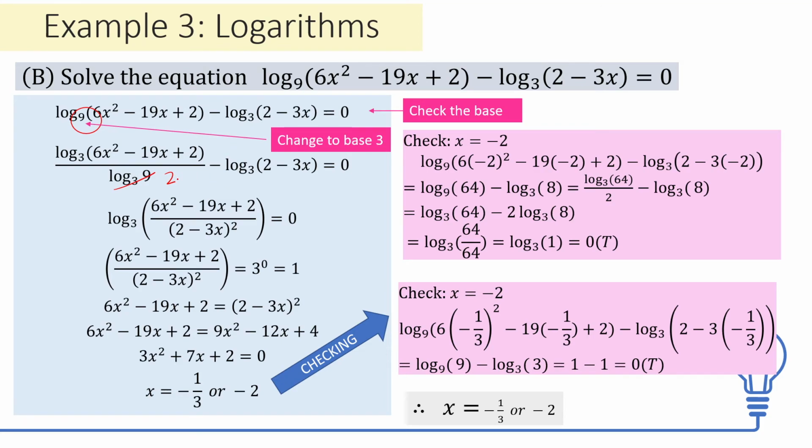Okay, so then combining that, this minus becomes divide. And then why there is a square, actually this 2 will bring up here, become power of 2. Okay, and then this one, they use the same technique. This 3 bring it here, is 3 to the 0, which is 1.